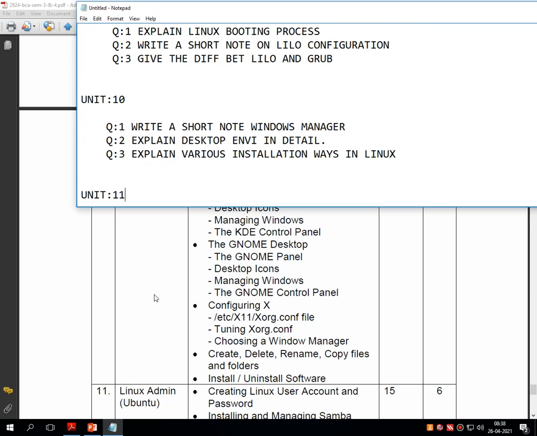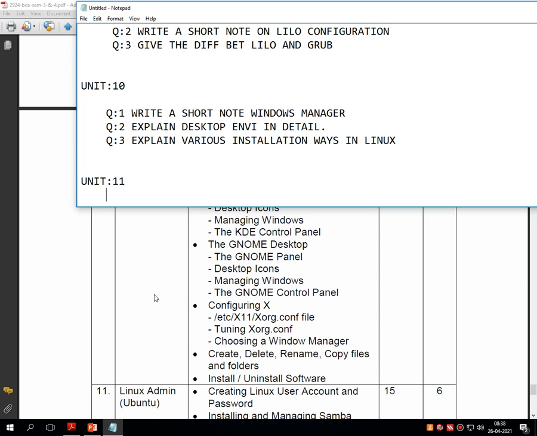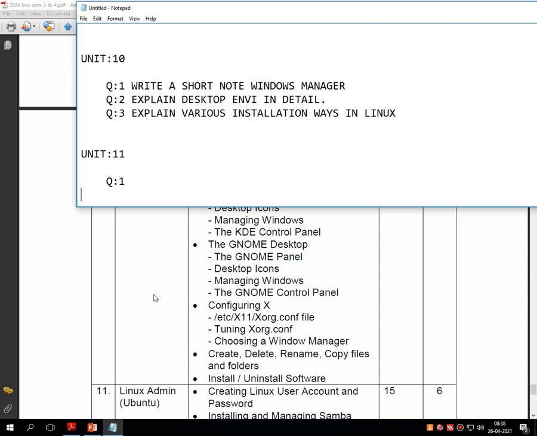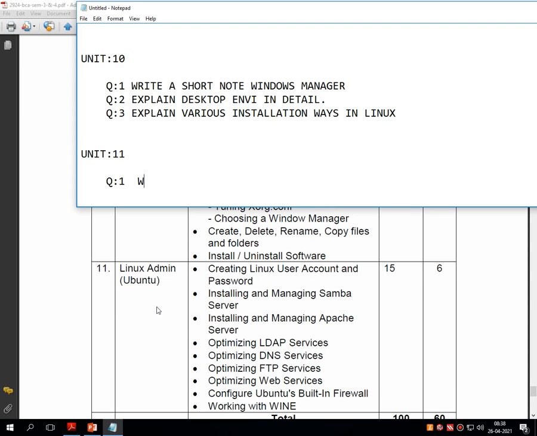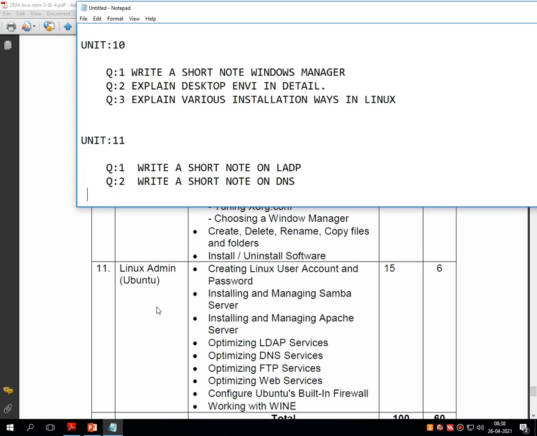Unit number 11. Question number 1. Write a short note on LDAP. Write a short note on DNS.